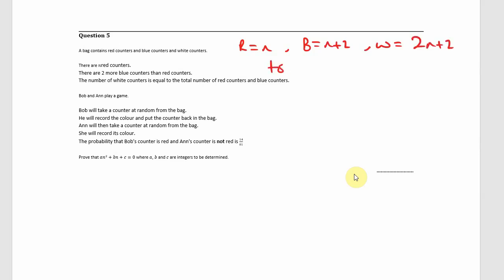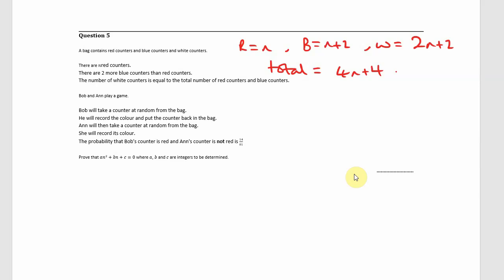And then the total in this bag would be 4n plus 4. They play a game. They take a counter from the bag at random, they'll record it and put it back. Probability that Bob's counter is red and Anne's counter is not red is 14/81.